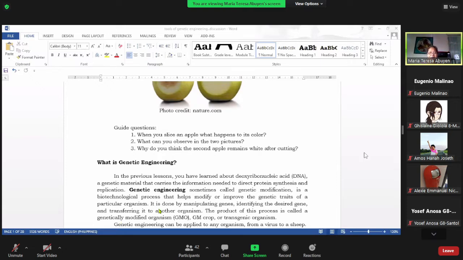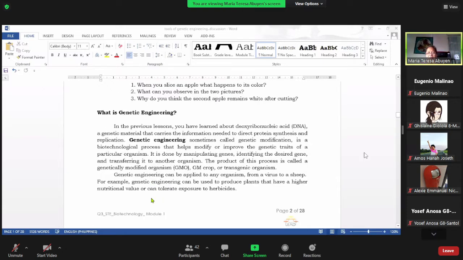Okay. Now, genetic engineering can be applied to any organism. In other words, genetic engineering is not only applicable to crops, it is not only applicable to livestock. So we have livestock, these are carabao, cow, goat, pig, what else? Horses. They are collectively called livestock.